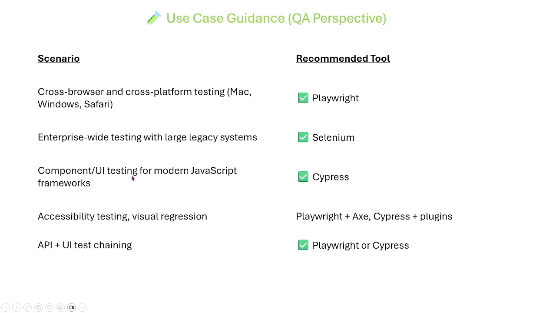Component UI testing for modern JavaScript frameworks: use Cypress. Accessibility test and visual regression test: all three can be used, Playwright, Cypress, also Selenium. API and UI test challenge: Playwright and Cypress.